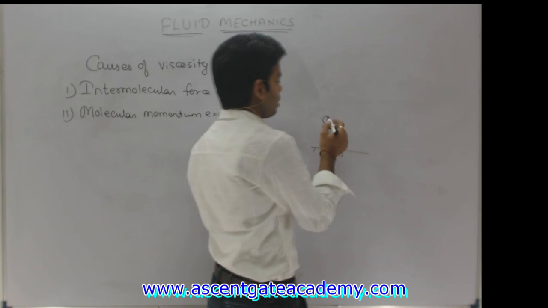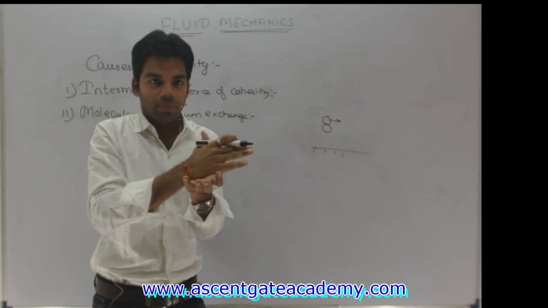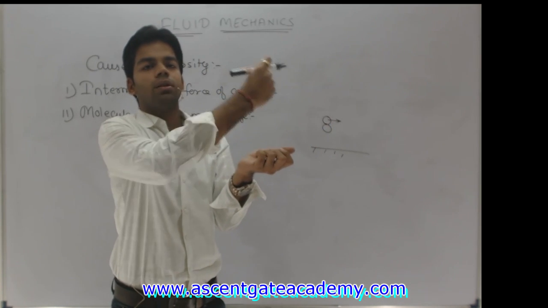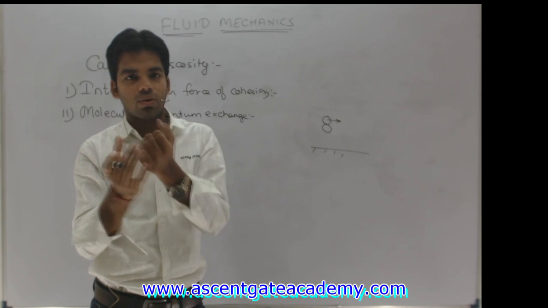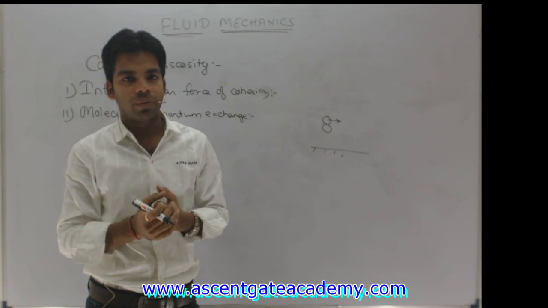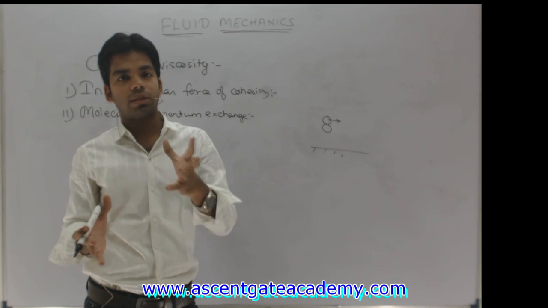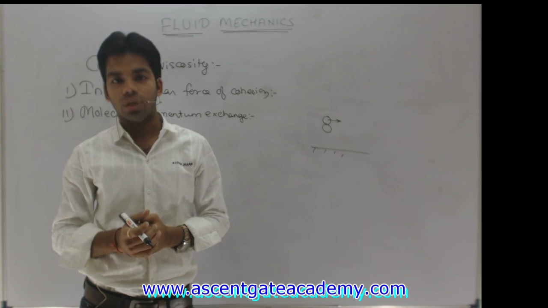If I am applying a force on the upper molecule, this molecule will try to resist the motion of the second molecule. Getting this or not? So this causes the viscosity. Viscosity is actually the resistance to the motion of the fluid. So this is the first cause, which is predominant in liquids. In liquids, the cause of viscosity is intermolecular force of cohesion.